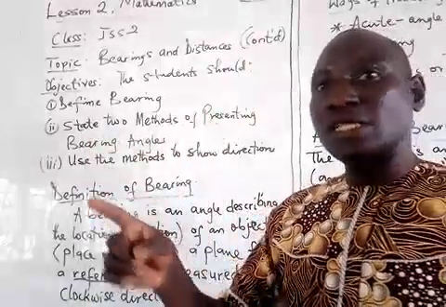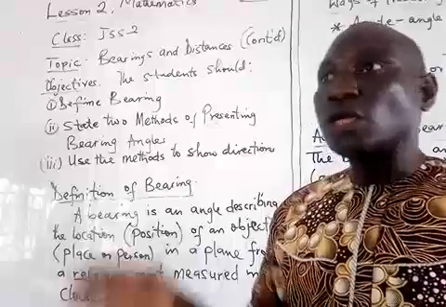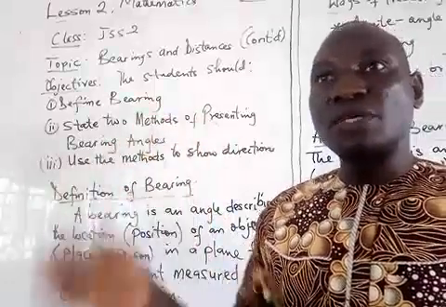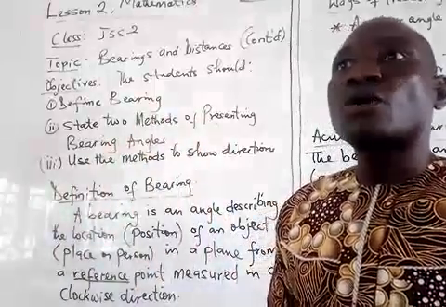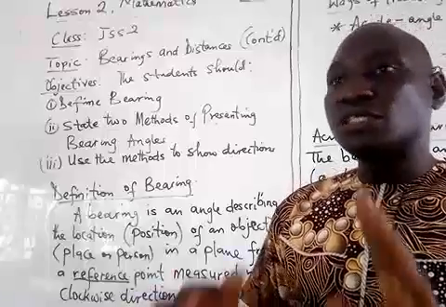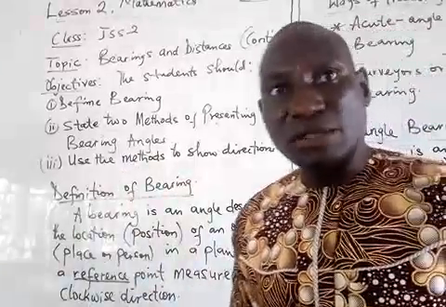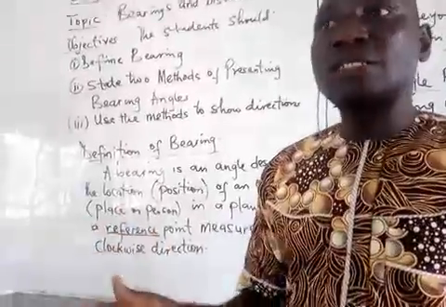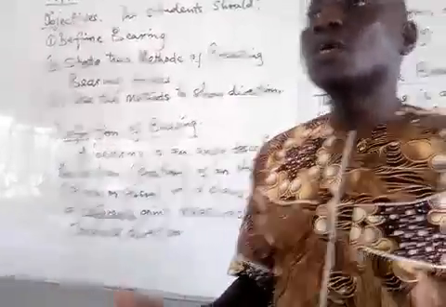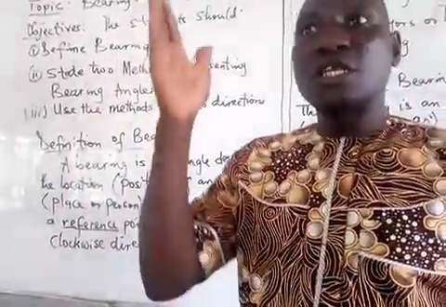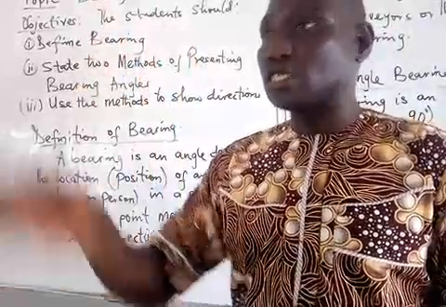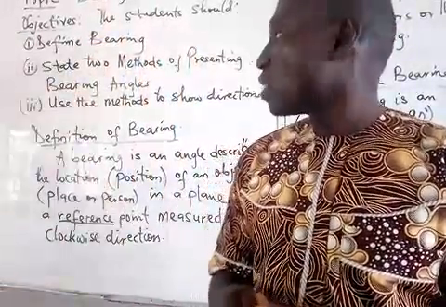Between one primary cardinal point and the next, the angle is 90 degrees. We also have the secondary cardinal directions, and the angle between the north and the northeast is 45 degrees.